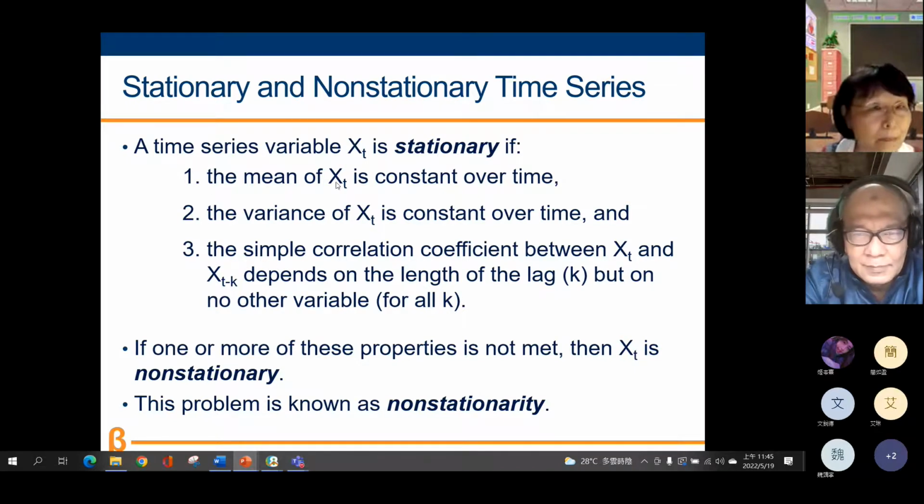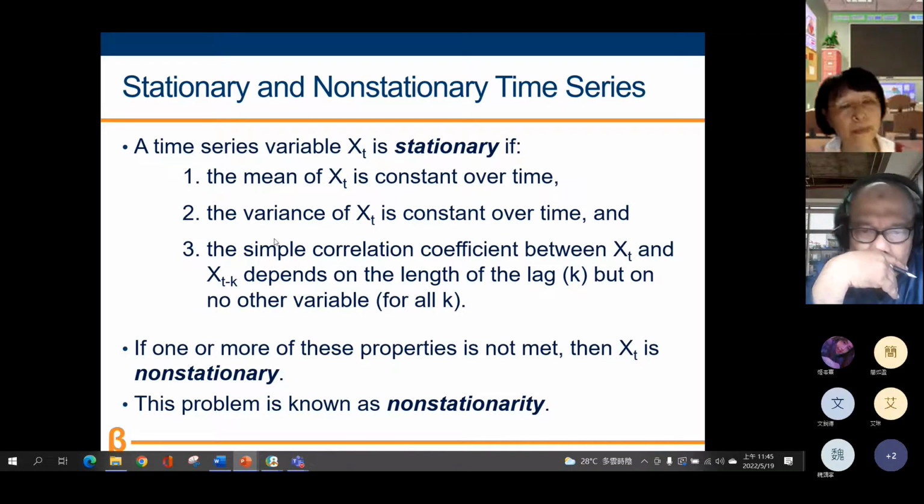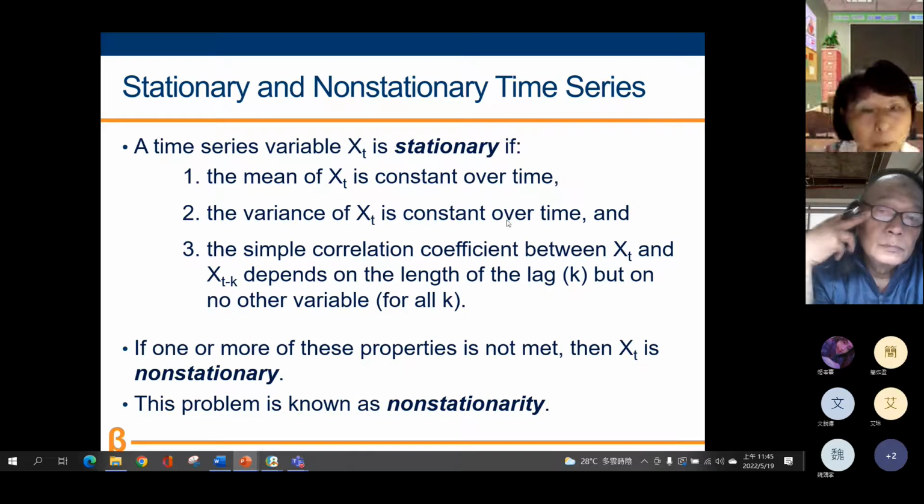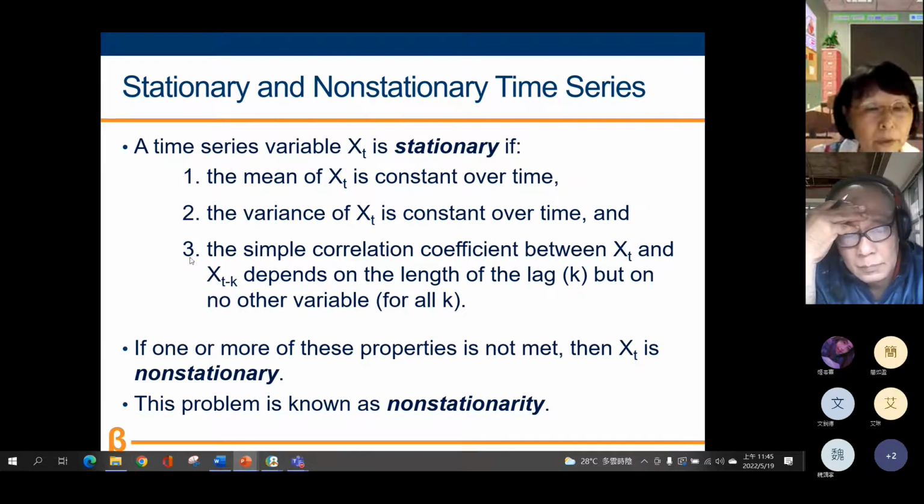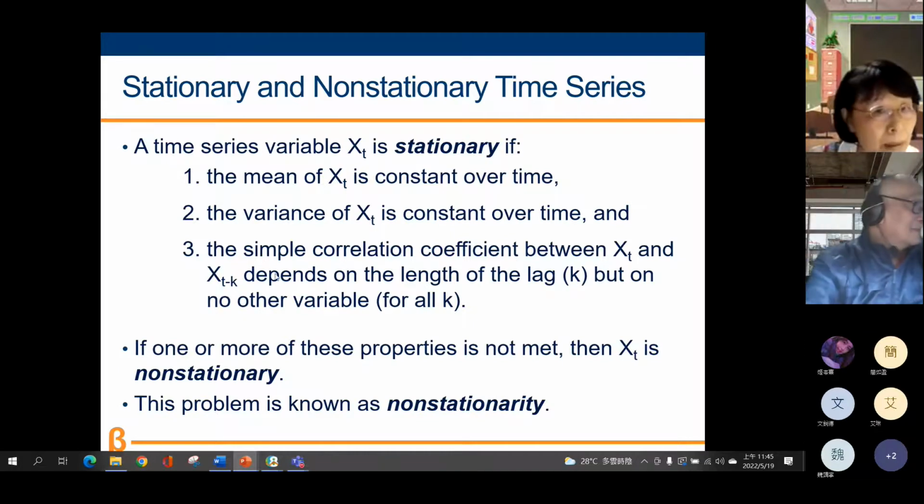The first one is that the mean of x_t is constant over time. The second one is that the variance of x_t is constant over time. The third one is that the simple correlation coefficient between x_t and x_{t-k} depends on the length of the lag k, but on no other variables, for all k.